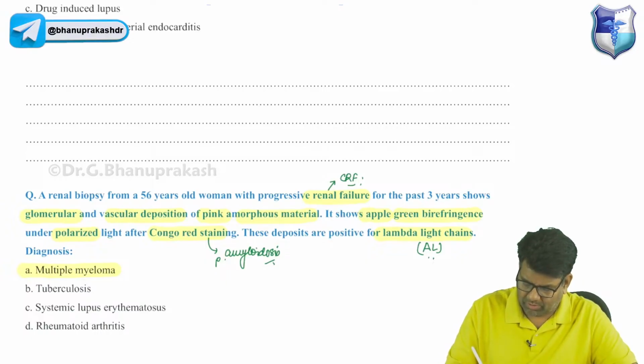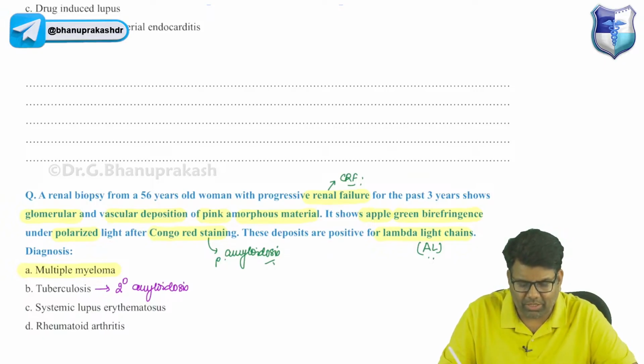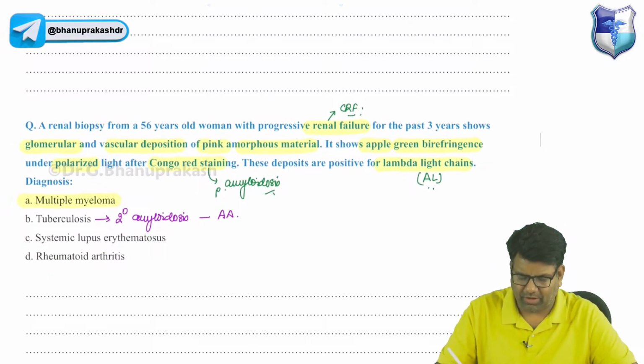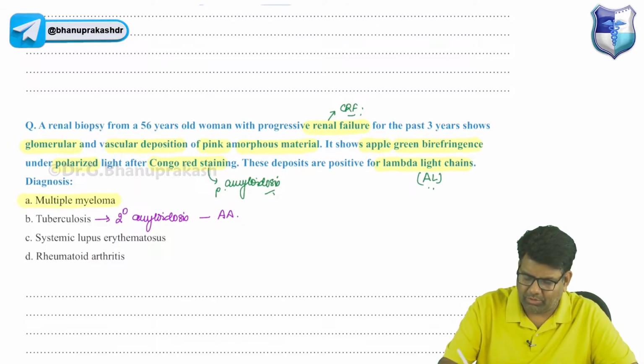Now, if we talk about tuberculosis, this can give rise to amyloidosis, but that is secondary amyloidosis. Okay. This is secondary amyloidosis. In fact, secondary amyloidosis is seen in chronic inflammatory conditions.